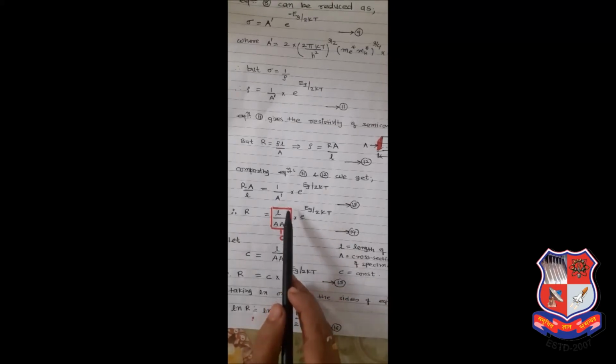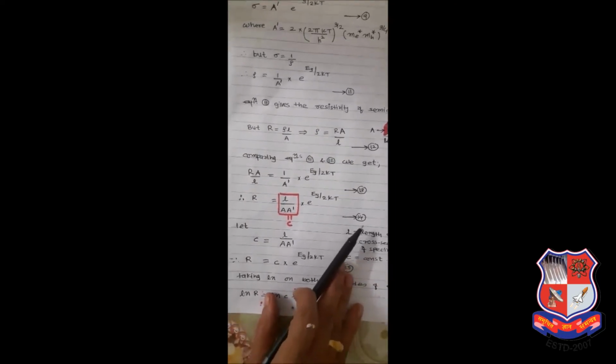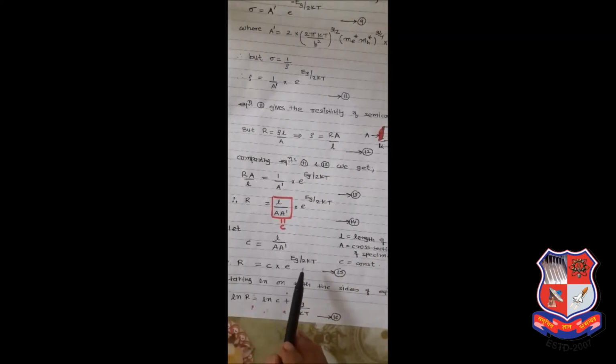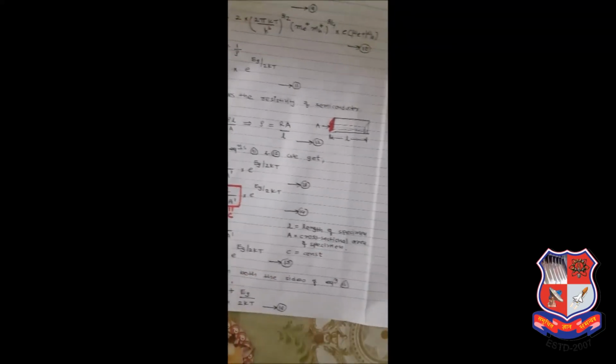Let this box L by A dash be C. It's a constant. So R is equal to C into e raised to Eg by 2kT. Let this be equation number 15. Now taking ln on both sides, ln R becomes equal to ln C plus Eg by 2kT. This is our equation number 16.